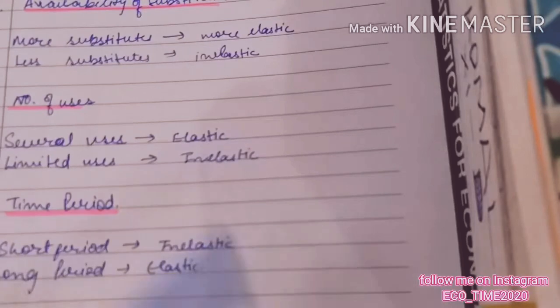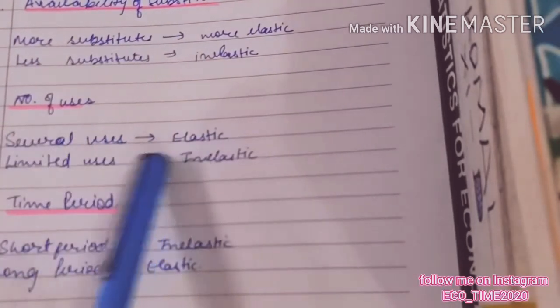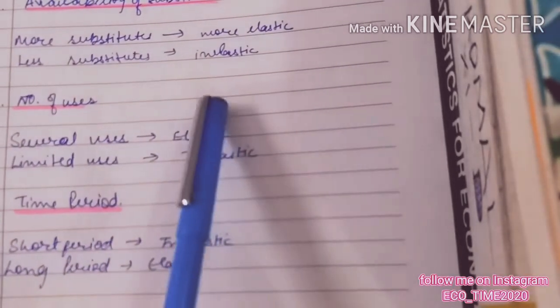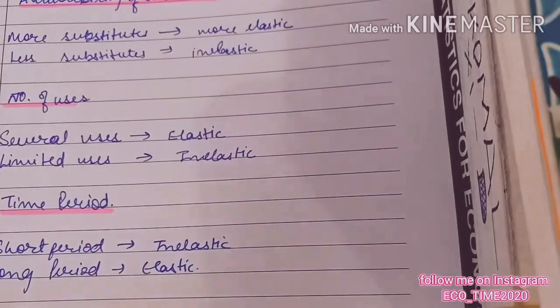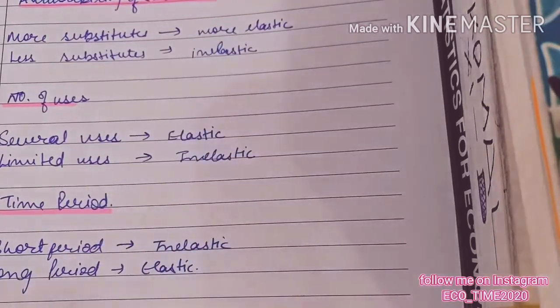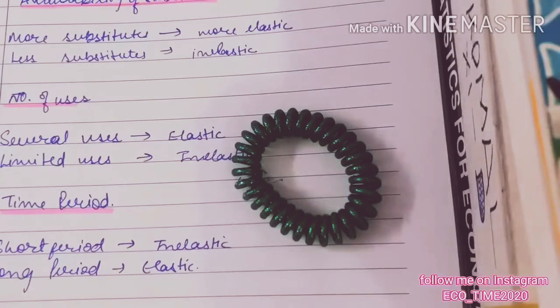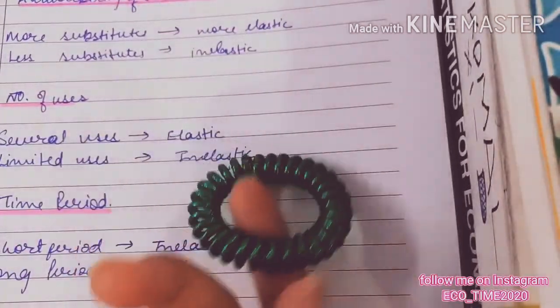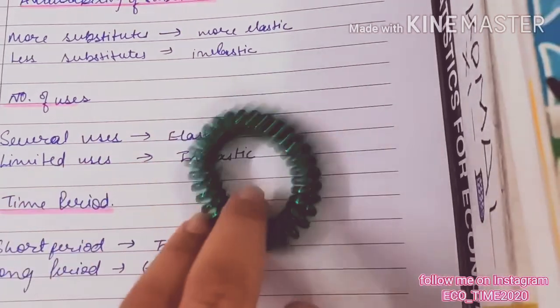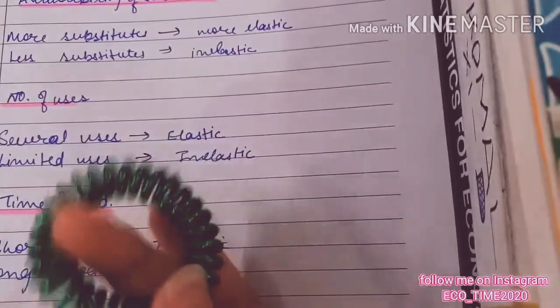Number of uses. When there are several uses of some commodity, then the demand is said to be elastic. For example, I can use this scrunchie as a headband, as a scrunchie, as something to fold and keep it.